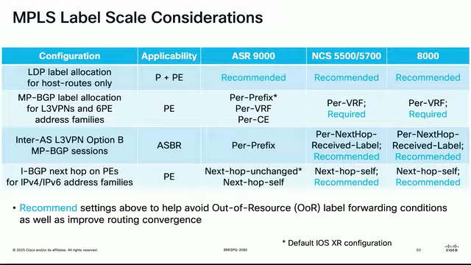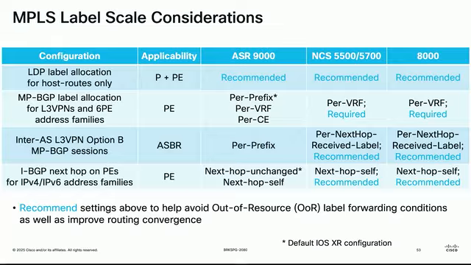And then conversely, on ASBR routers that are running inter-AS option B, because there is no VRF associated with option B interfaces, per VRF label allocation mode doesn't apply.